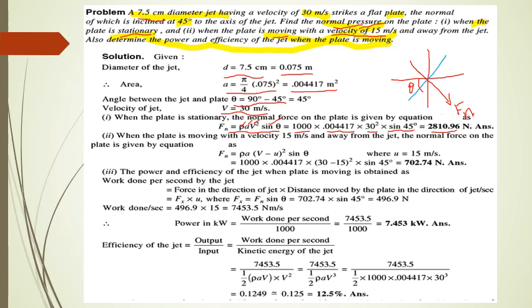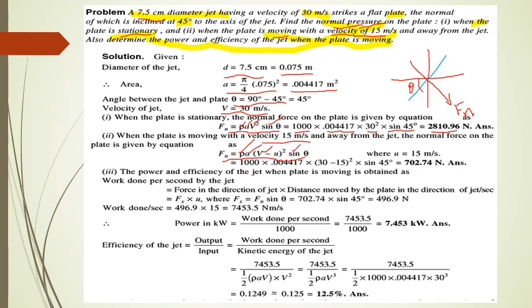That implies 2.81 kilonewtons. For the moving plate, the velocity of the plate is given, that is u equal to 15 meters per second. Formula for Fn equal to rho a into (v minus u) whole square sin theta. We know the rho value, a value, (v minus u) whole square and sin theta.